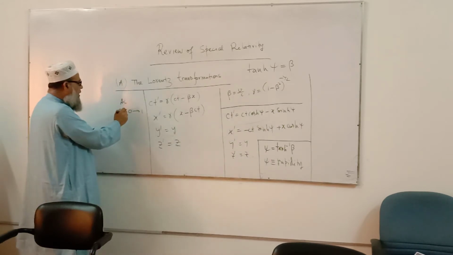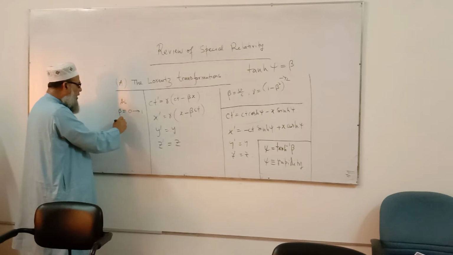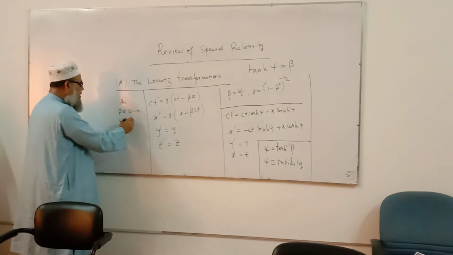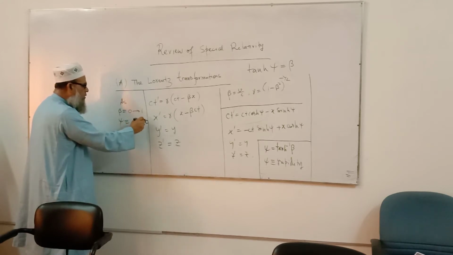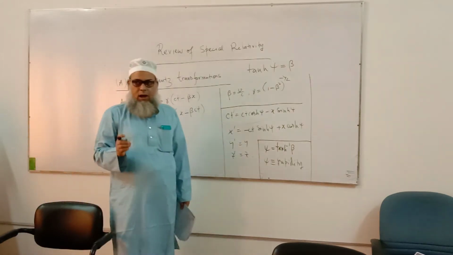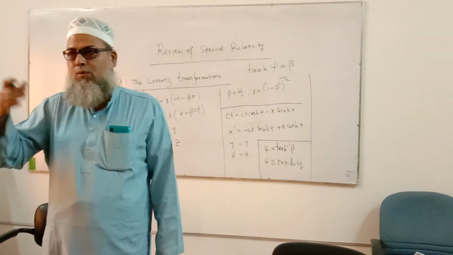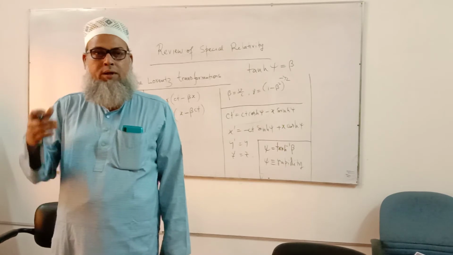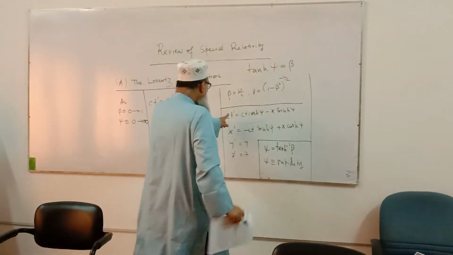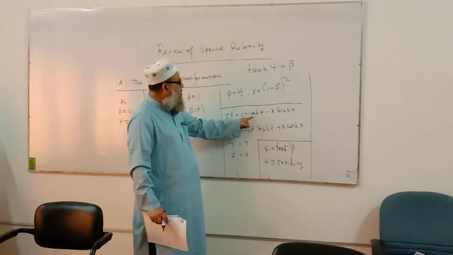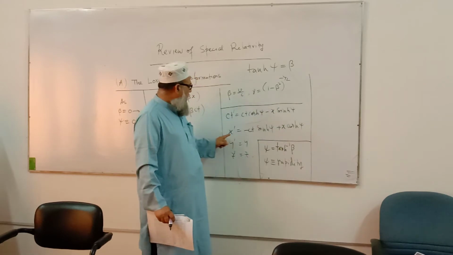So the range of beta is 0 to 1, and the range of psi is 0 to infinity. Psi is called the rapidity parameter, and when beta varies from 0 to 1, psi varies from 0 to infinity.